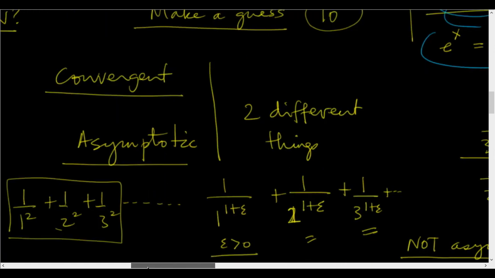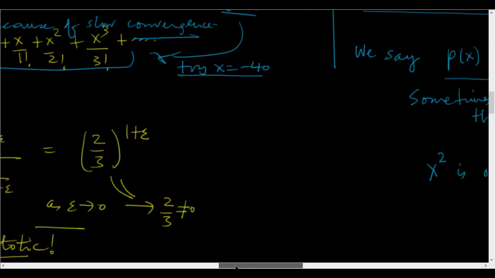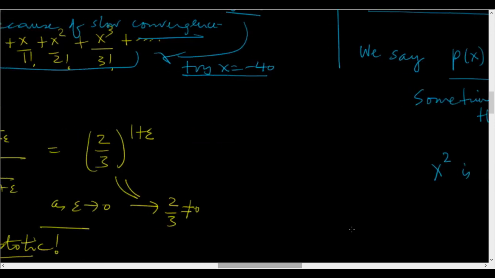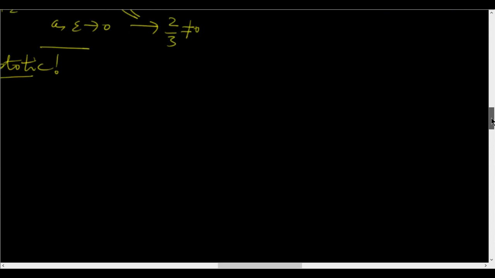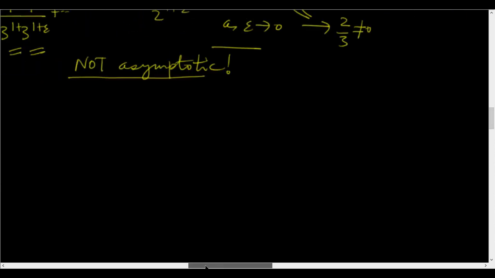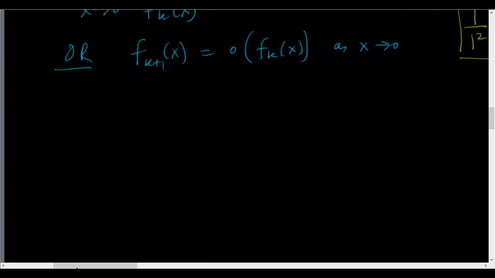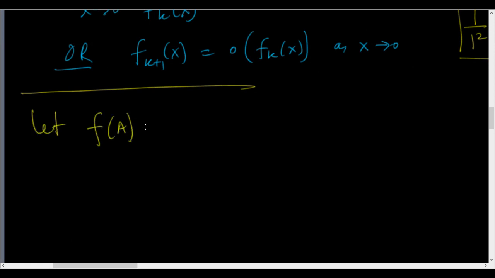All right. Now on the other hand, you can have an asymptotic series that is not convergent, and it is really important to understand this. Okay, so let us consider this. Let us say let f of a be equal to the integral from a to infinity of e to the power minus x by x dx.